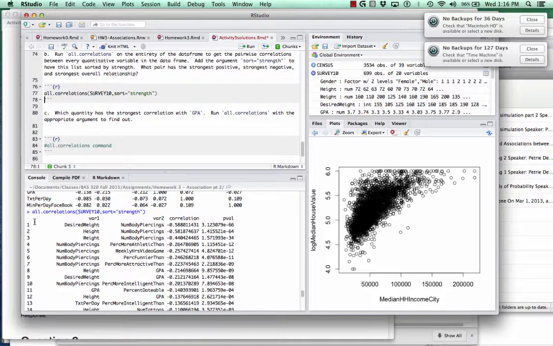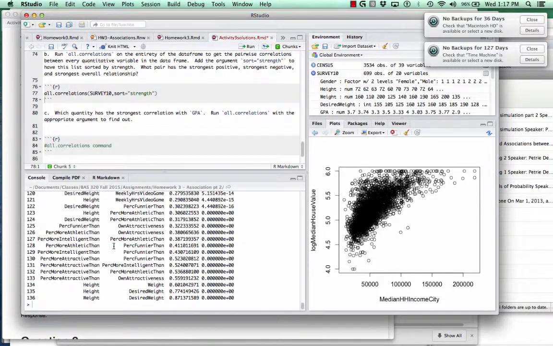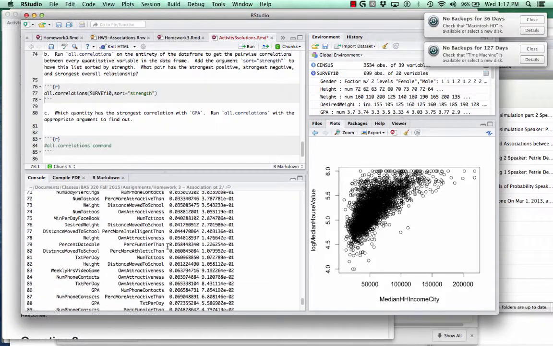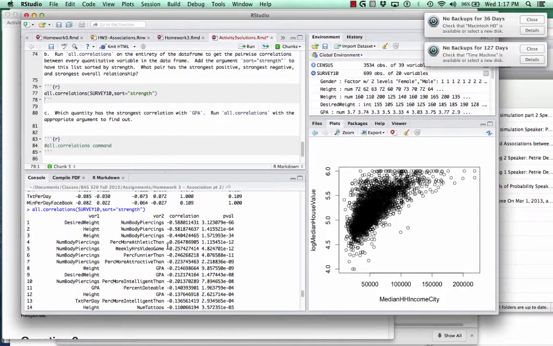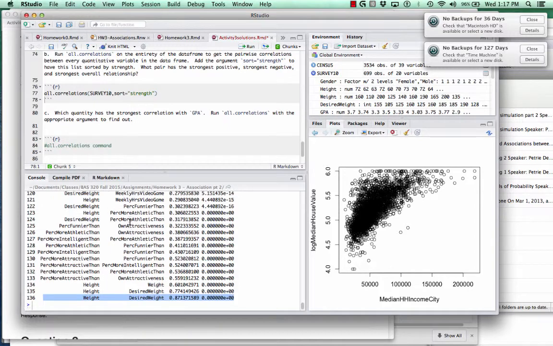So it looks like the most negative correlation is between desired weight and number of body piercings, with a correlation of minus 0.588. The most positive correlation is weight with desired weight, with a correlation of 0.87. That's farther away from 0 than the piercings and desired weight that we saw up at the top.